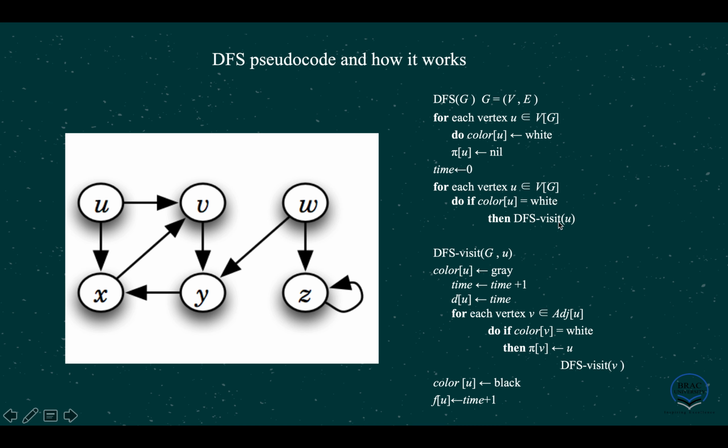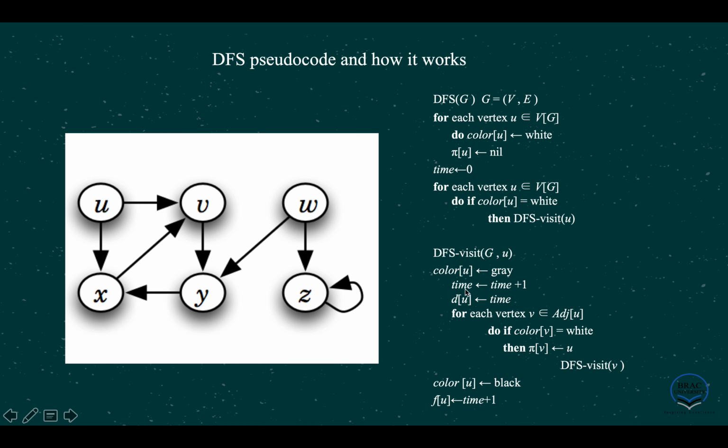DFS visit function will actually implement our DFS pseudocode. So what do we have in DFS visit? We have our graph G and U, the source vertex. Our source vertex would now be colored gray because we have already discovered it.